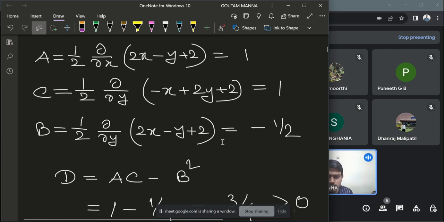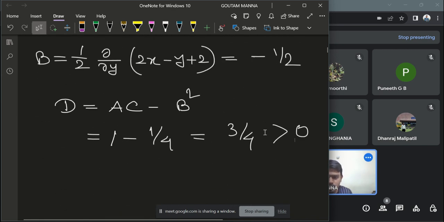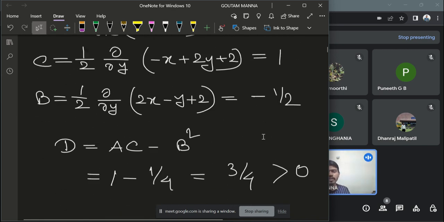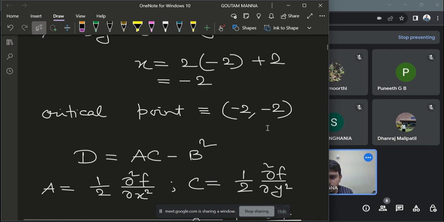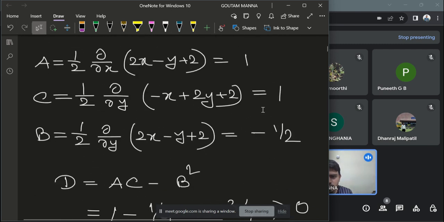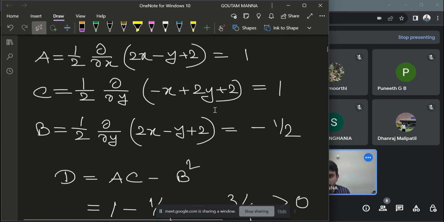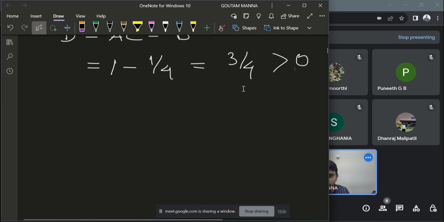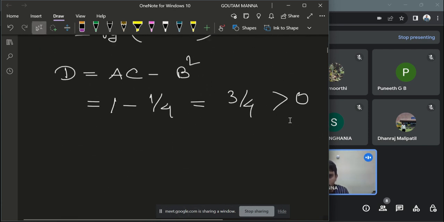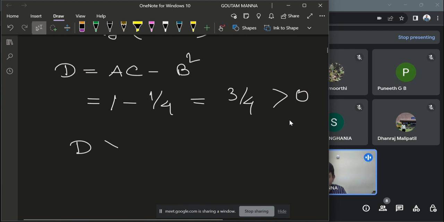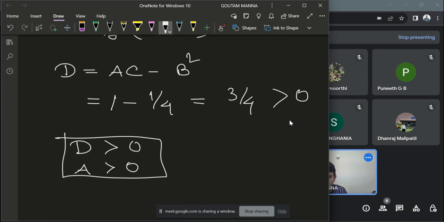Discriminant greater than 0 means this critical point is not a saddle point, and we also have A greater than 0, as A is 1. So the point is a minimum, it's a local minimum.